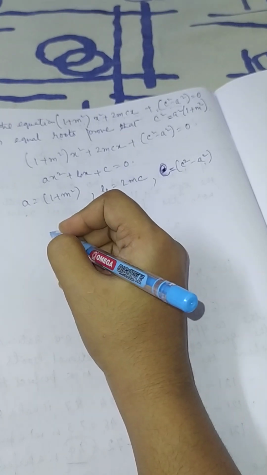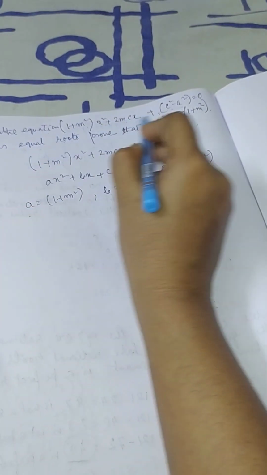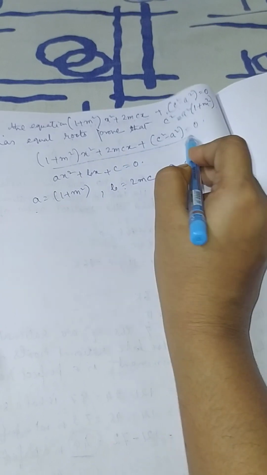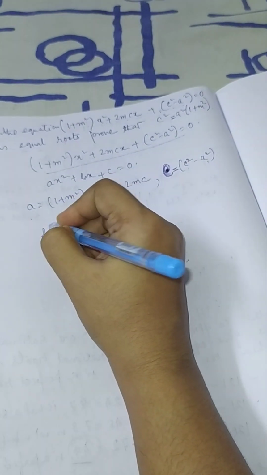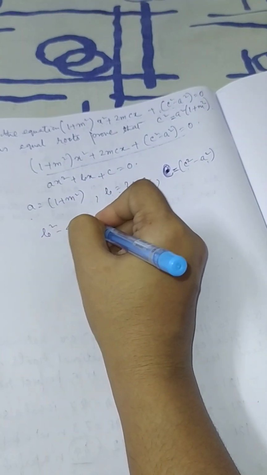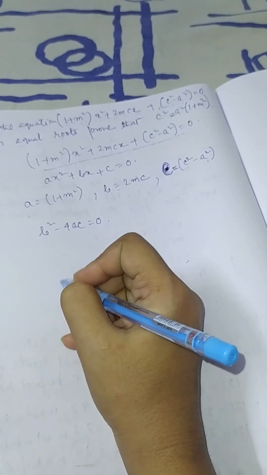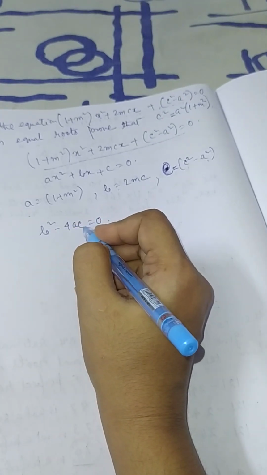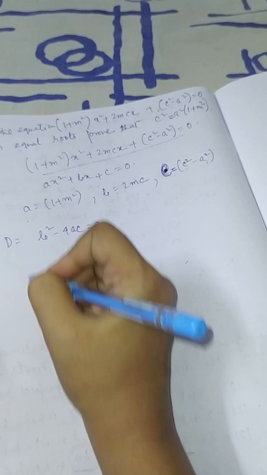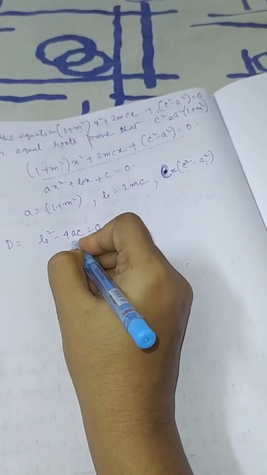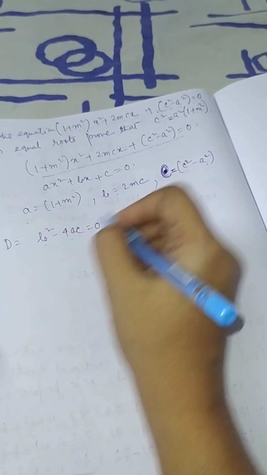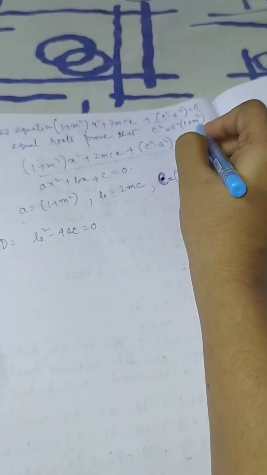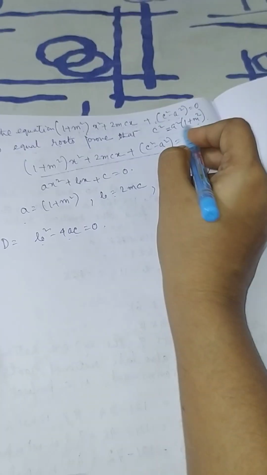Okay. Now it has been given that this quadratic equation has equal roots. That means b square minus 4ac is equal to 0, where b square is equal to 4ac, right? The discriminant. So in place of b, a and c, I will put these values and check whether it comes or not, because we have to prove it.